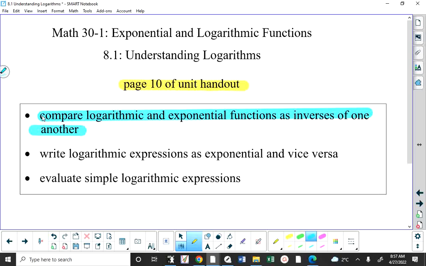This is really important. You guys need to focus on this. It's talking about an exponential function and a logarithmic function, which are different things. They're two different things that we can compare.